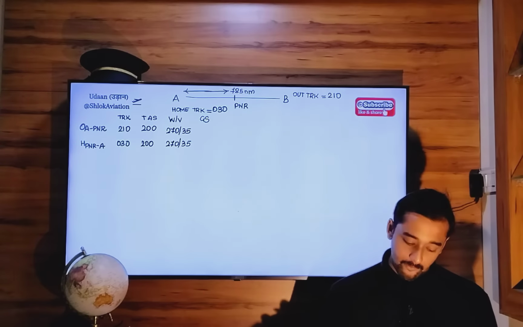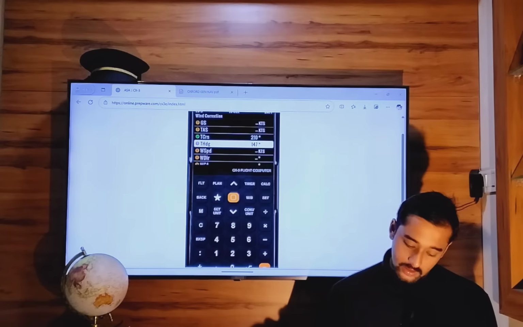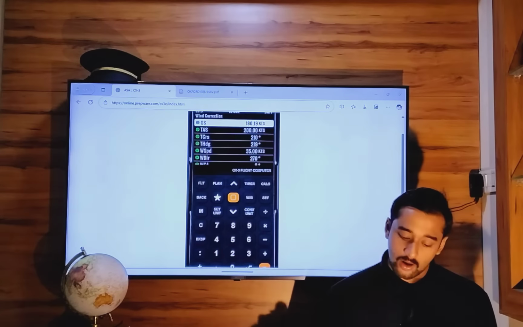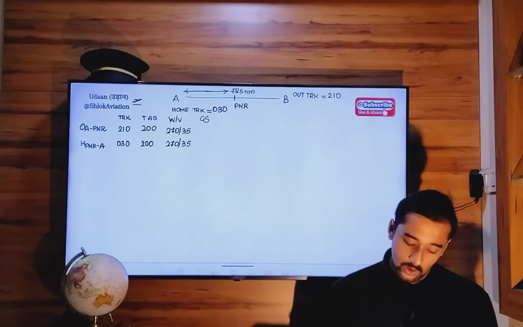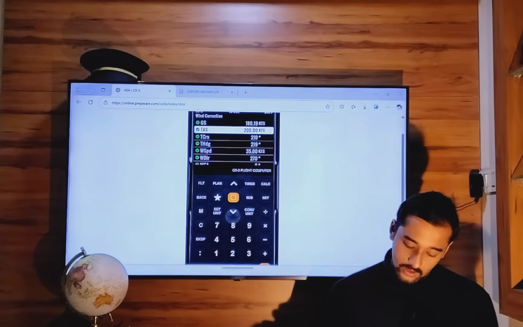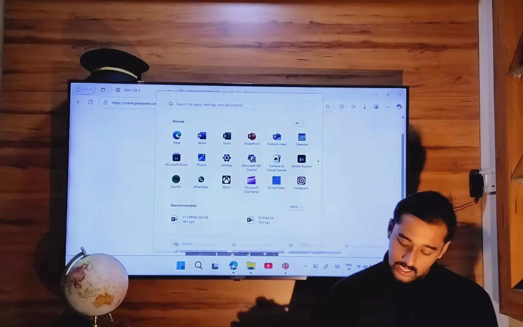So ground speed: track 210, TAS 200, wind 35 from 270. This gives us a ground speed of 180 knots. For 030, the ground speed is 215 knots.